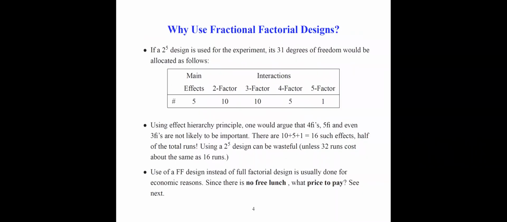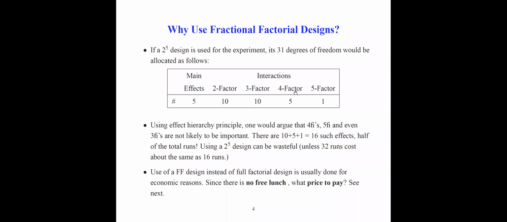If we were going to use a full factorial design, then there would be 31 degrees of freedom. They would be allocated as follows: because we have 5 factors, 5 main effects, and then 10 two-factor interactions, 10 three-factor interactions, 5 four-factor interactions, and 1 five-factor interaction. So 5, 10, 10, 5, 1, totaling 31 degrees of freedom.